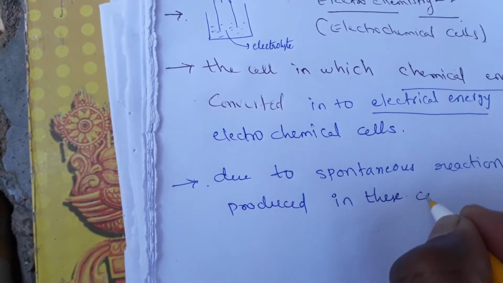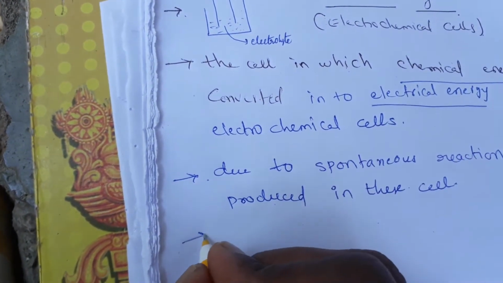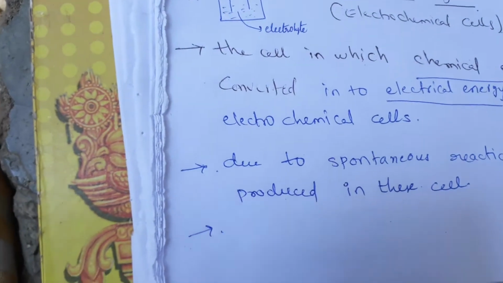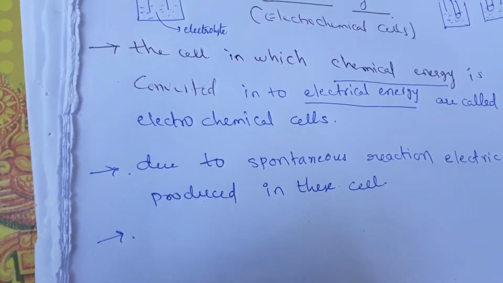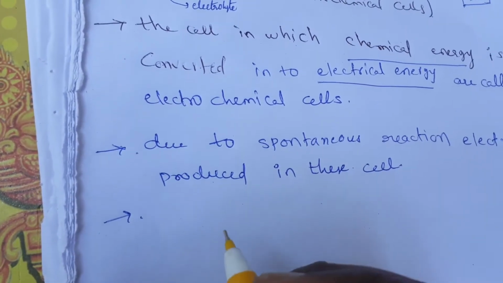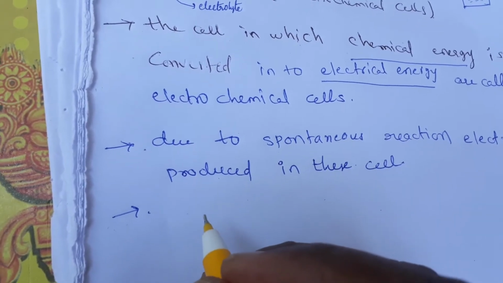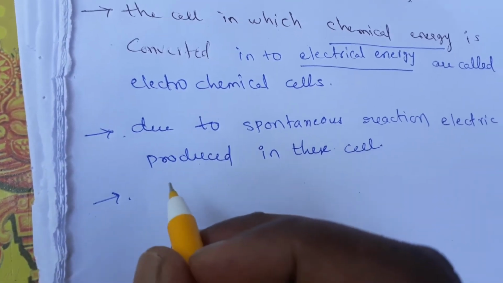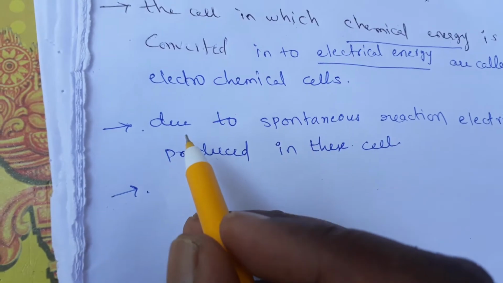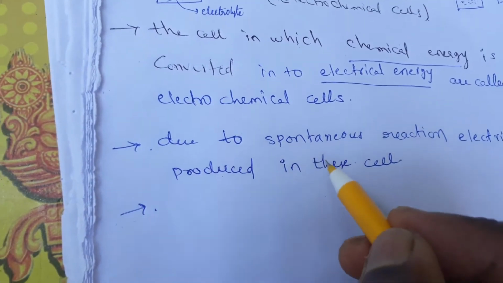Like an iron bar rusting by reaction with oxygen, that is a spontaneous reaction. Like that, in these cells also, spontaneous reactions take place.